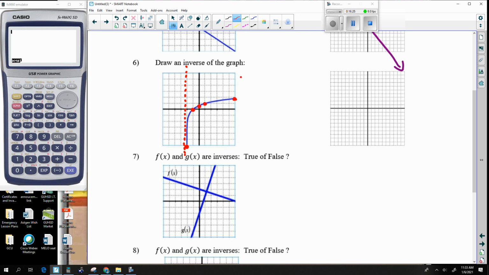So I have a vertical line at -2. I have rough points at (-2, -6), (-1, 0), (0.5, 1), (1, 1), and (just a little bit shy of 2, 6).